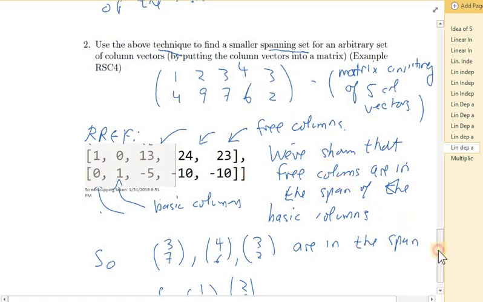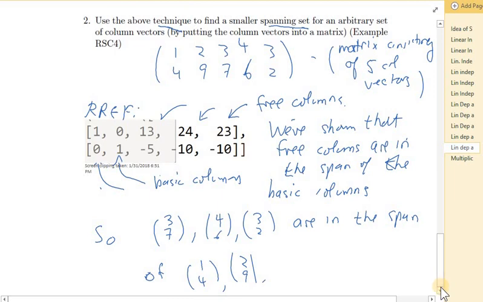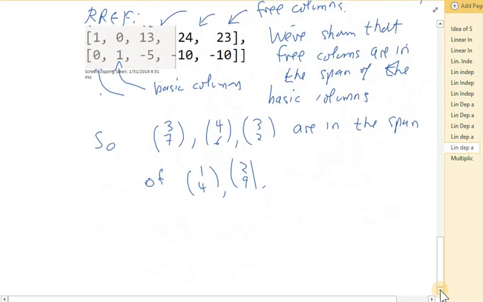Well, you could use the same technique that I said before. Let's just do it quickly. I'll say my variables are x, y, z, u, v. These are my 3 free variables.